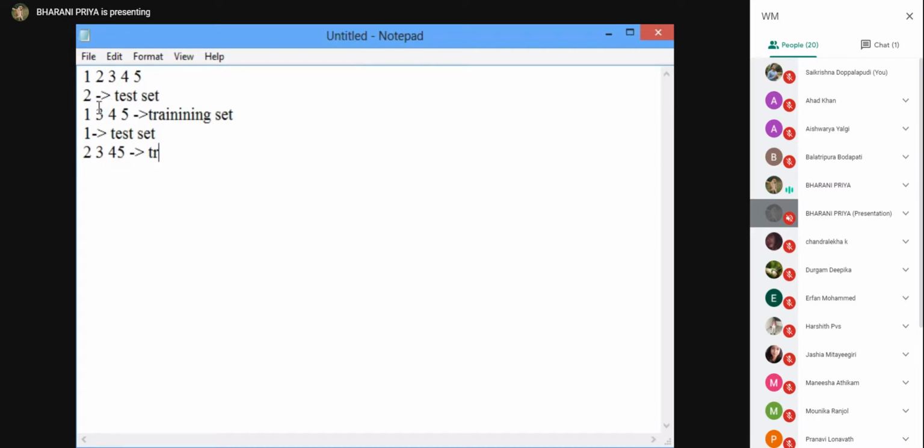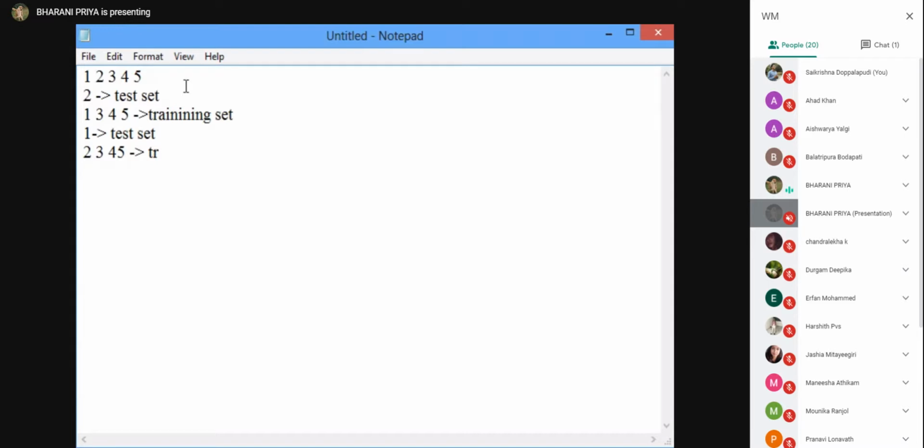Why are you calling this cross validation? These are validation sets. A validation set is nothing but you are tuning your parameters. This tuning decides which set to take as the training set and which as the test set. If you take 1 as the test set and 2, 3, 4, 5 as the training set, you get one accuracy.